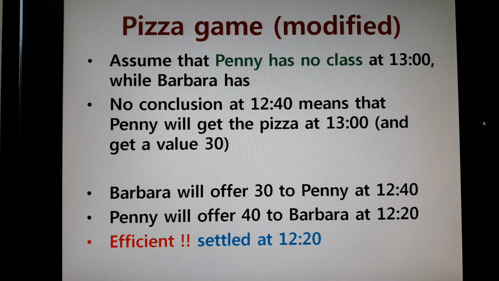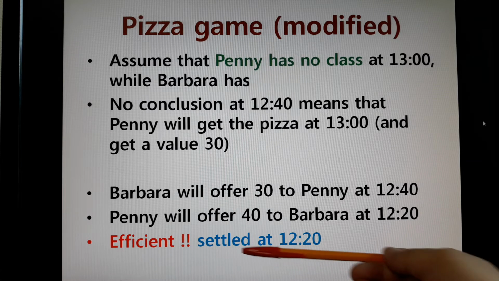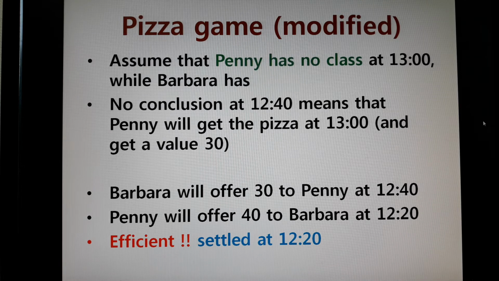Okay? And the key reason why that is true is they made an agreement. They settled at 12:20, the earliest possible time. Once again, what makes economists sweat in this case is that the value of pizza decreases as time passes.